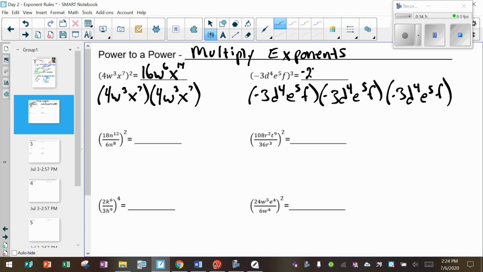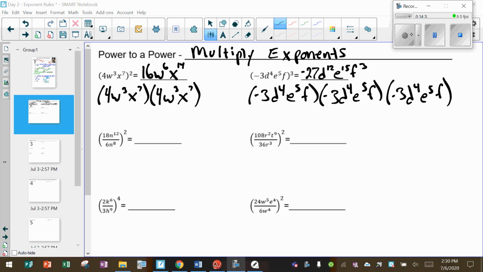You can use a calculator, or maybe you can do that in your head. But the shortcut here is to multiply the exponents. So d to the 4th, d to the 4th, d to the 4th would be doing the exponent of 4 times the exponent of 3, getting a new exponent of 12. And then e to the 5th times 3 makes it e to the 15th, and f to the 3rd.